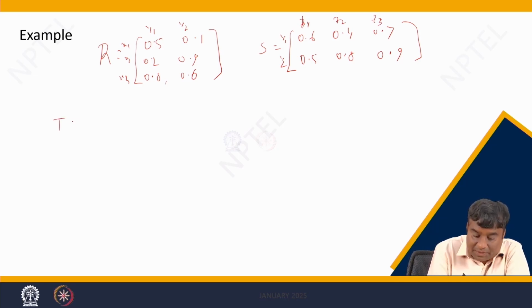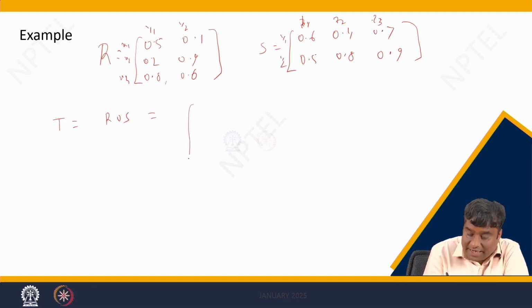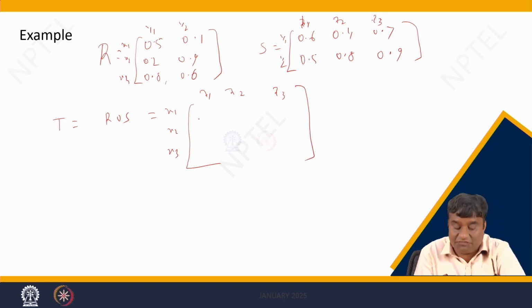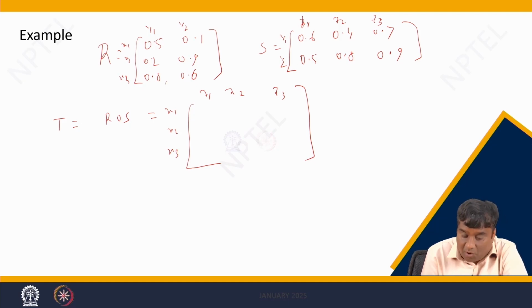So T equals R compose S. Here we will get X and Z, so it is X1, X2, X3 and Z1, Z2, Z3. Now how to find it? Just like a matrix, first row, first column. We need to find the minimum and then the maximum.